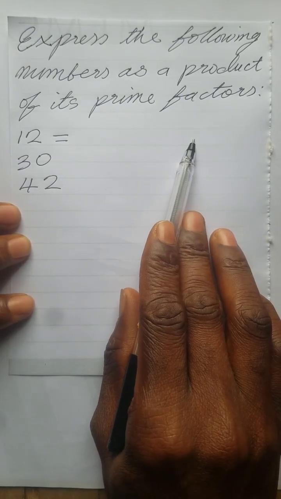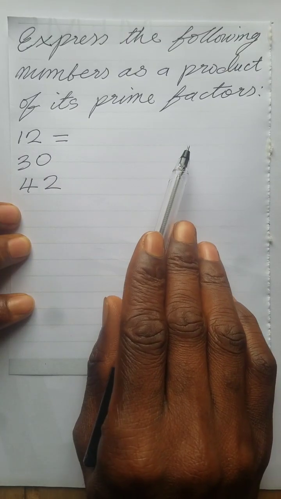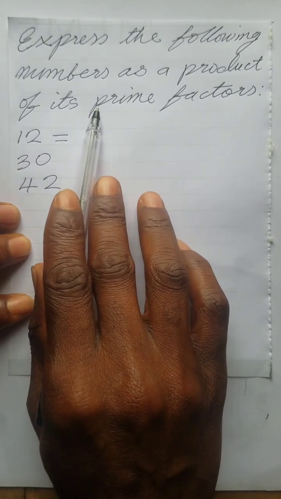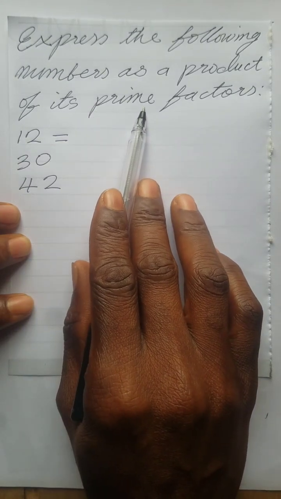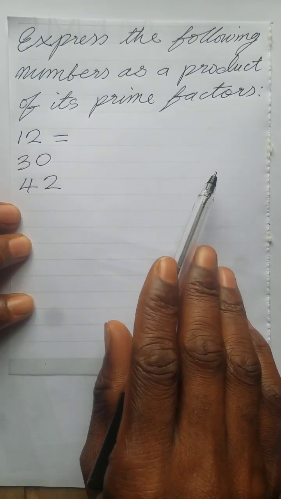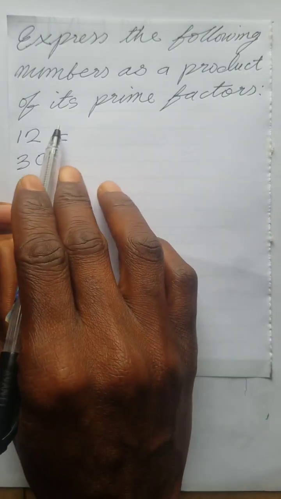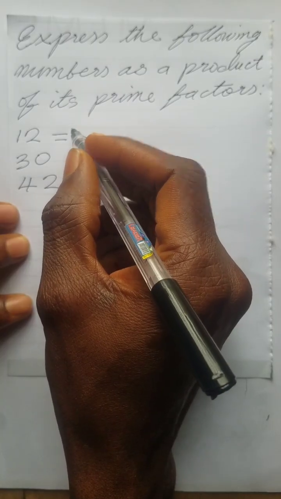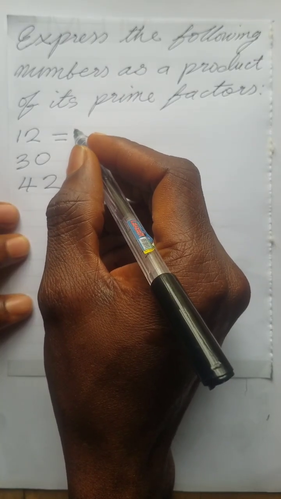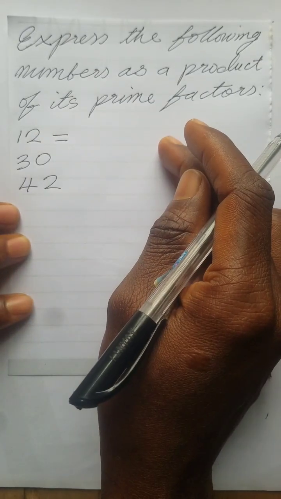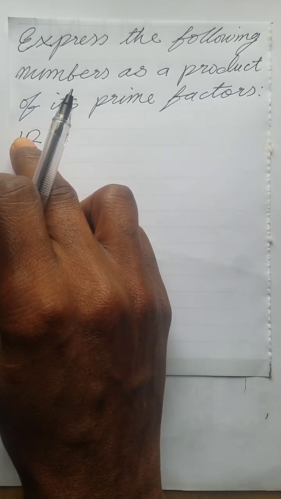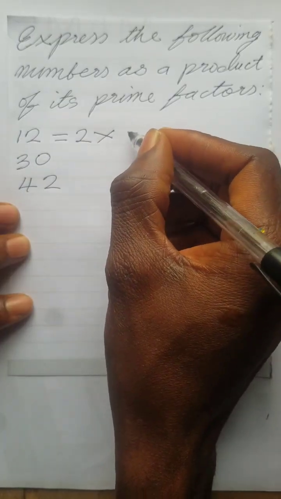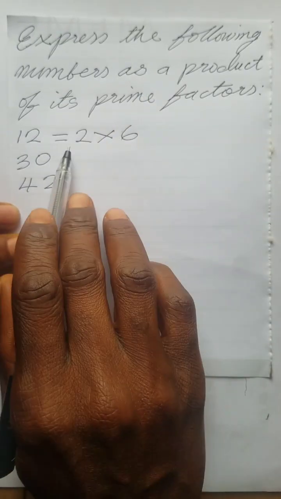So I'm going to start by solving this question wrongly. Okay, wrongly in a way, yes, because I'm not going to use prime numbers. I'm going to use our first method. So let's express 12. Okay, so what would we do? I don't want to use 1 times 12 because I won't be changing 12. I'll still be stuck with 12. So let me start with 2 times what gives 12? 2 times 6 gives 12. Now this is correct.